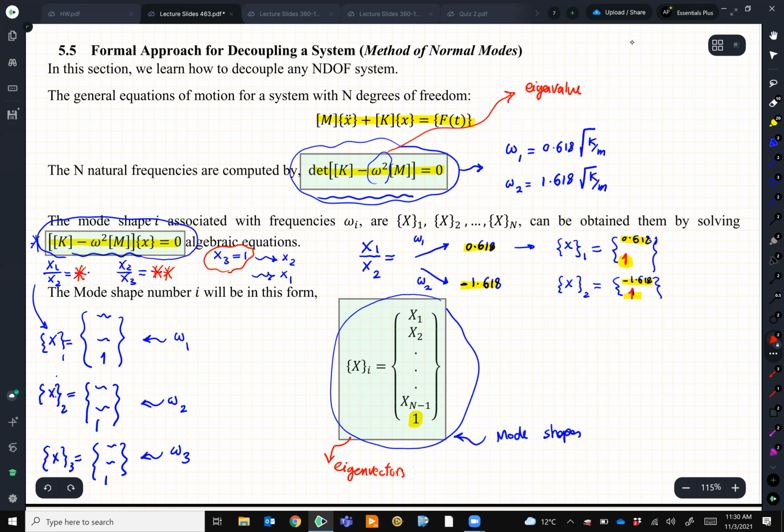I believe in your past courses in algebra or math 101, 102 somewhere, you learned about eigenvalues, right? Hopefully. And eigenvalues and eigenvectors, for a mathematician, mean the principal coordinates.